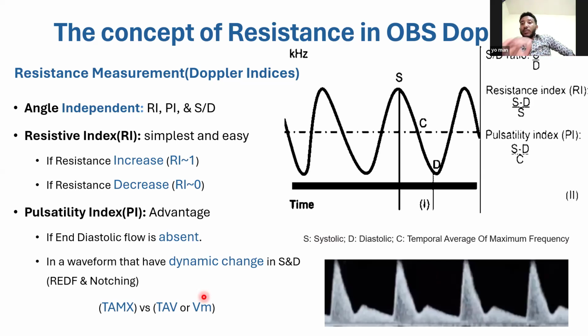You get the pulsatility index number of, let's say, the umbilical artery, and then you should compare it with the standard graph, remembering that the graph was made using either one or the other. If your machine uses TAMX, you should find a nomogram made with the similar denominator. The pulsatility index is the most important parameter when dealing with the uterine artery, umbilical artery, ductus venosus, and so on.